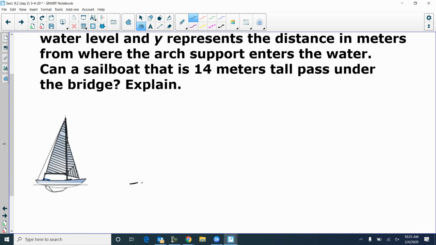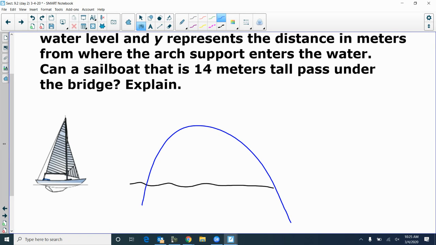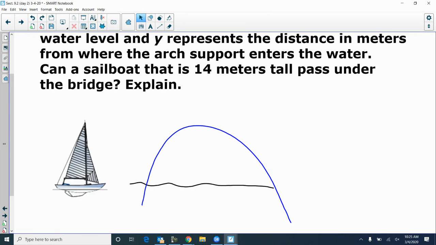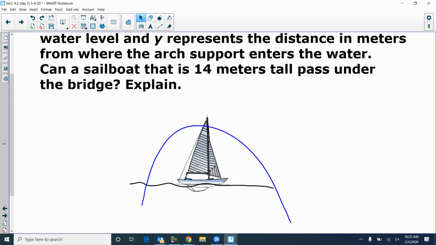All right. Here is the case. There's your bridge, and we want to know whether this sailboat will hit the bridge or pass underneath it. What do you need to find?